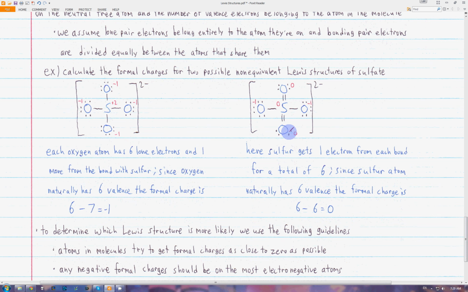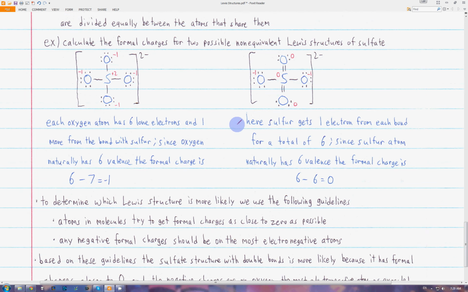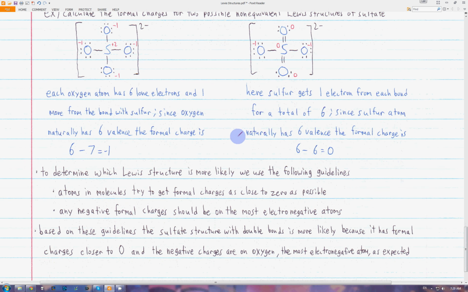Once we find the formal charges of these 2 structures, to determine which one is the correct structure, we use 2 guidelines. The first is that atoms in molecules try to get formal charges as close to 0 as possible. And the second is that any negative formal charges in the molecule should be on the most electronegative atoms.